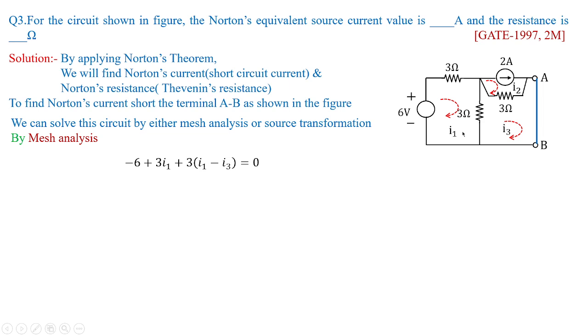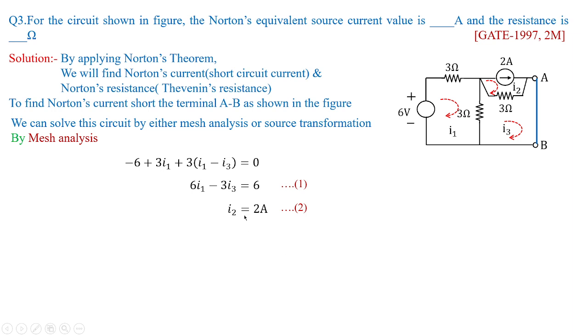Because here I1 and I3 are the loop currents, and their difference is treated as the branch current which is flowing in this 3 ohms. Thereby, the drop over here would be equivalent to plus 3 times (I1 minus I3), which is equal to 0. Reframing this as equation 1, let us go with the next loops.